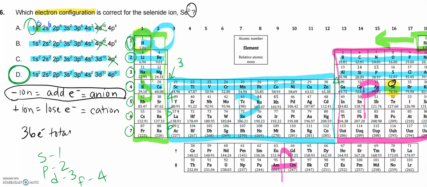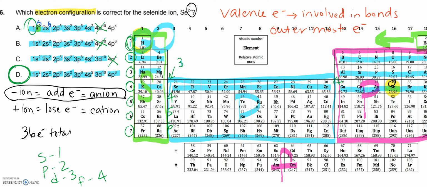And if we were asked, which sometimes we might be, how many valence electrons we have, first we would need to remember what a valence electron was. Valence electrons are the ones involved in bonding, and they are the outermost electrons, so in the outermost energy level.